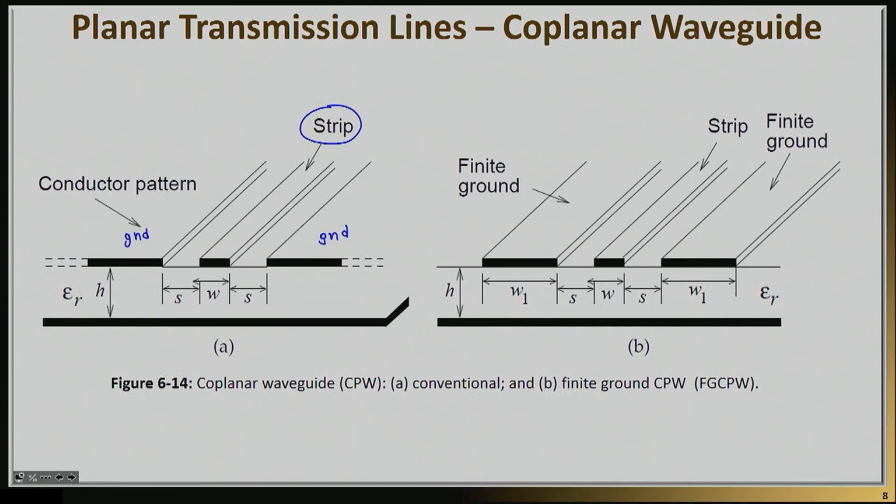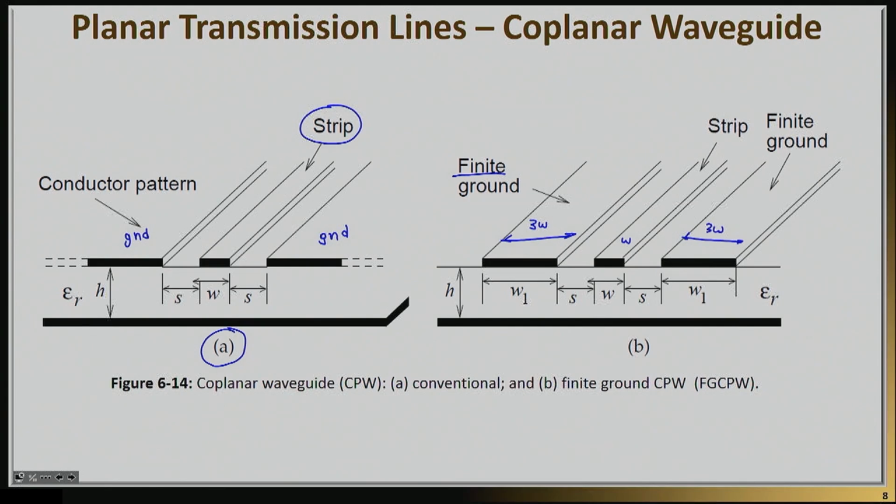The picture on the left-hand side, picture A here, is actually the ideal coplanar waveguide line that assumes an infinite metal. But in real life, of course, we do need to have a finite ground. And when you have a finite ground, you have to cut it somewhere. Usually, we try to allow enough space such that this finite ground width is approximately 3 times the width of the strip.